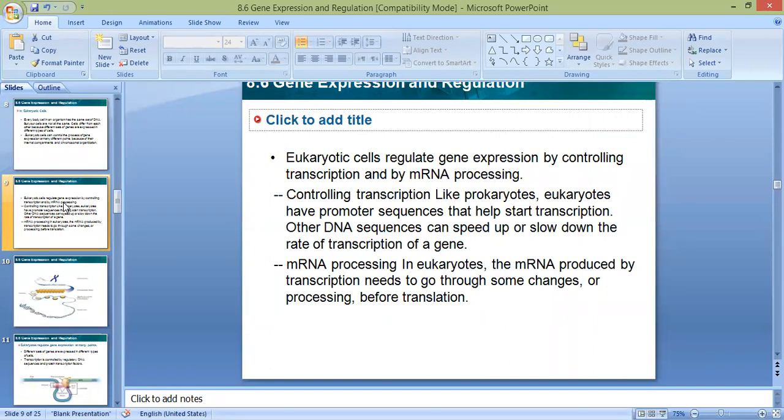The second part of regulating gene expression in eukaryotes is mRNA processing.